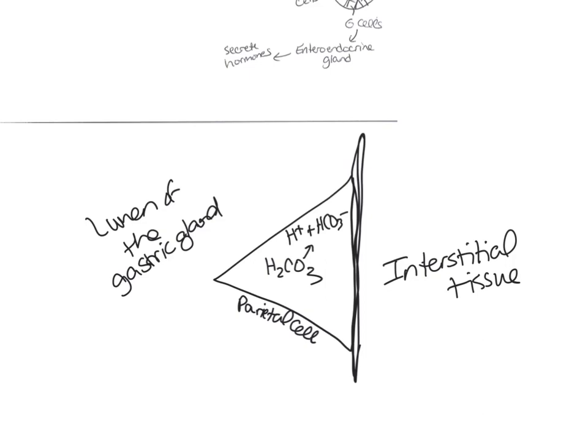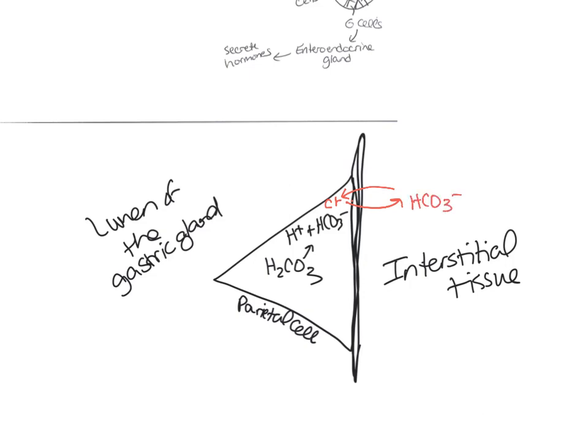Now bicarbonate will be exchanged for chloride with the interstitial tissue. So chloride moves into the parietal cell and bicarbonate moves into the interstitial fluid.